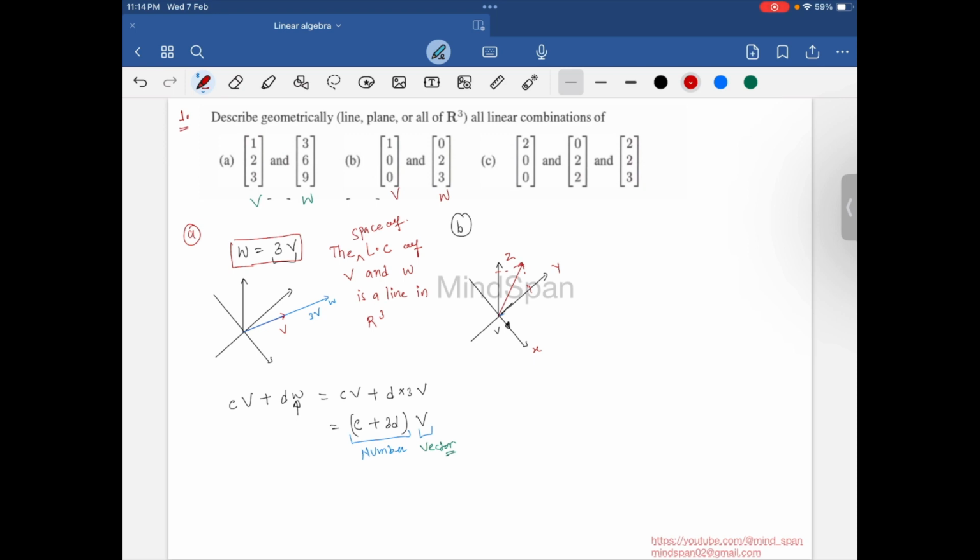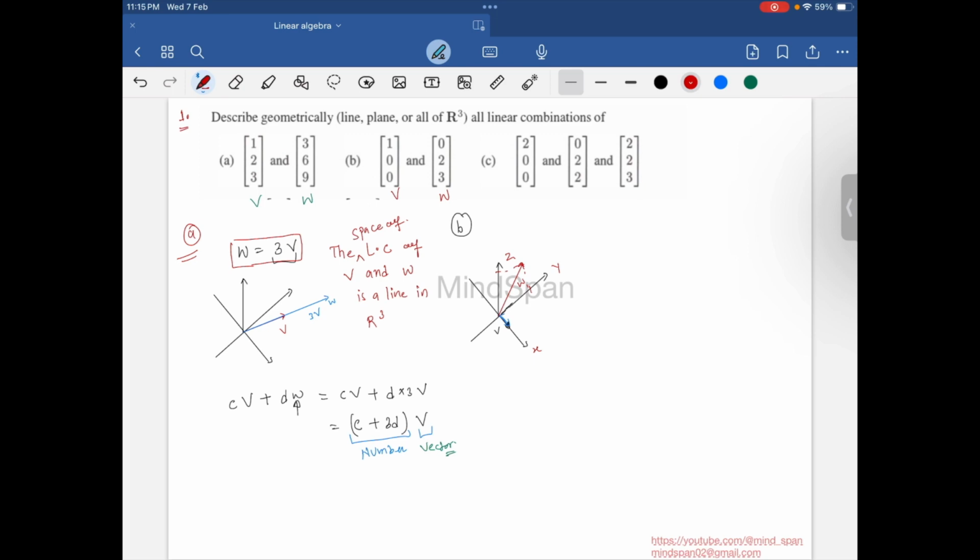Now the question is the geometry of linear combination of v and w, how is it going to look, right? We saw in the earlier case the geometry of linear combination of v and w is a line in three-dimensional space, right? Now in this case you see that this is our vector v, right, and this is our vector w.